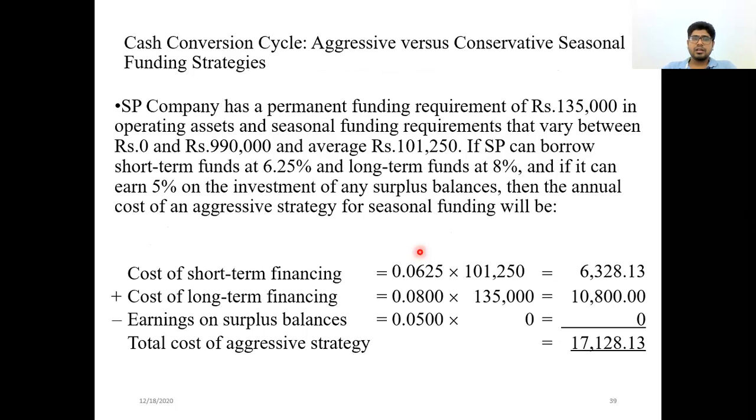And now we will move to these calculations. Cash conversion cycle and aggressive versus conservative seasonal funding, right? I will give you 5 minutes. I will mute my mic, and you can unmute your mic and discuss how the answer comes. So, what have you understood?